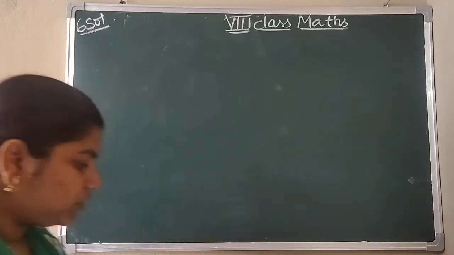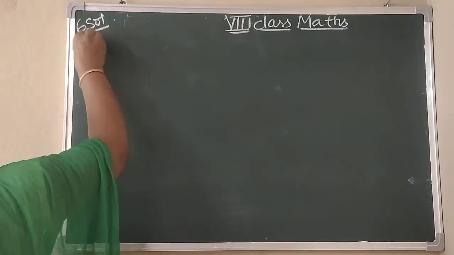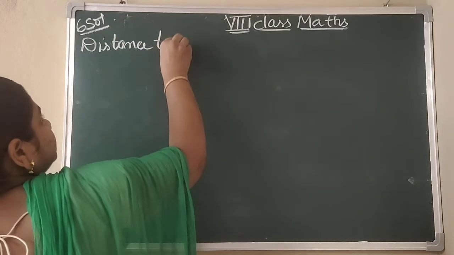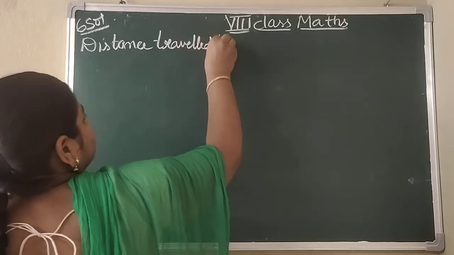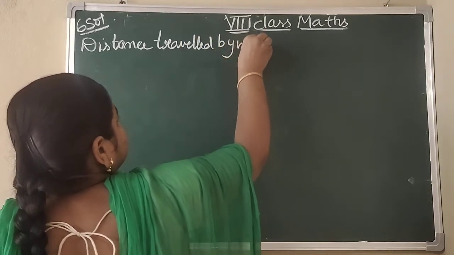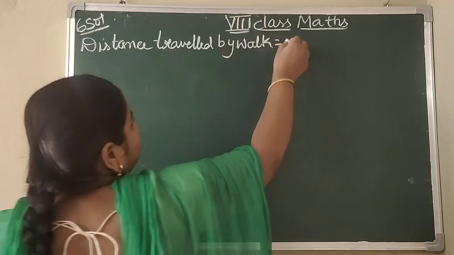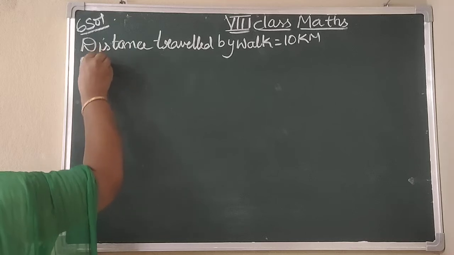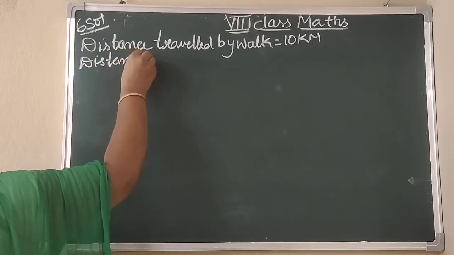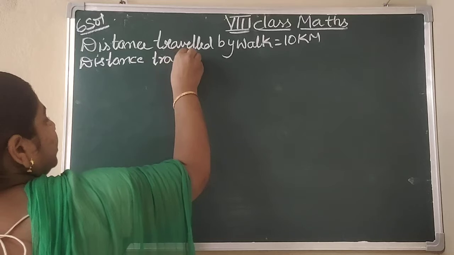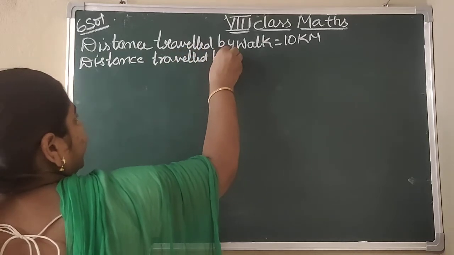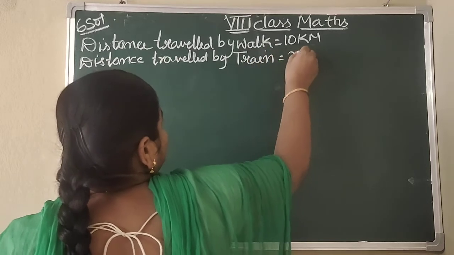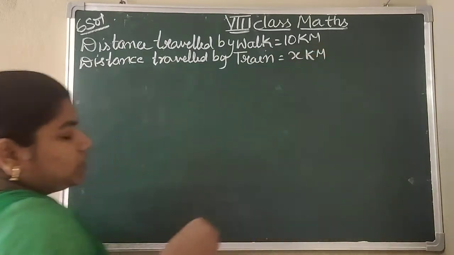Okay, so now distance traveled by walk is how much? 10 kilometers. Distance traveled by train is how much? x kilometers, because we don't know how much distance he has traveled.